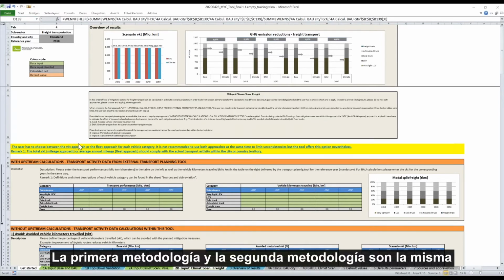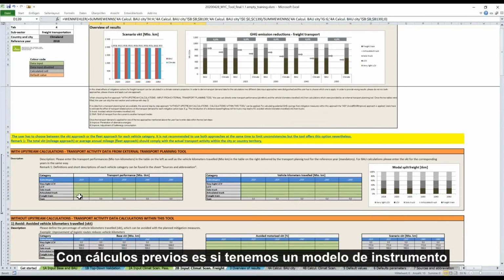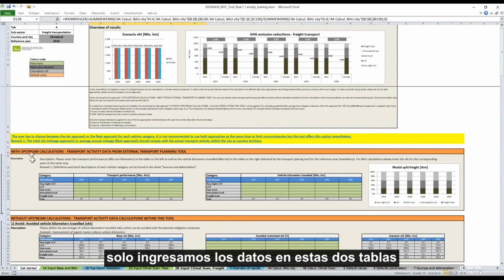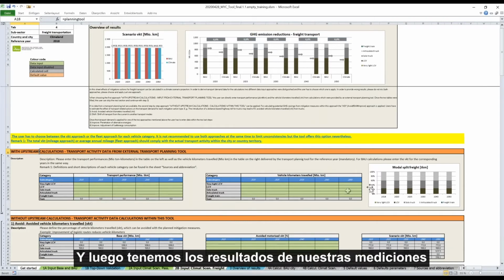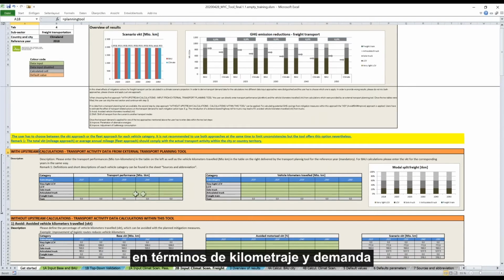This is the first methodology. The second methodology is the same with upstream calculation. So we have a transport planning tool. We just enter the data into these two tables in million kilometers and million ton kilometers. And then we have the results of our measures in terms of mileage and demand.